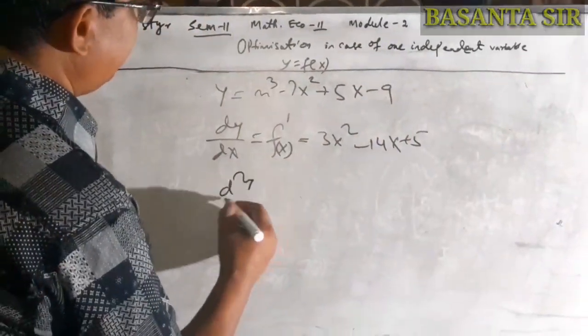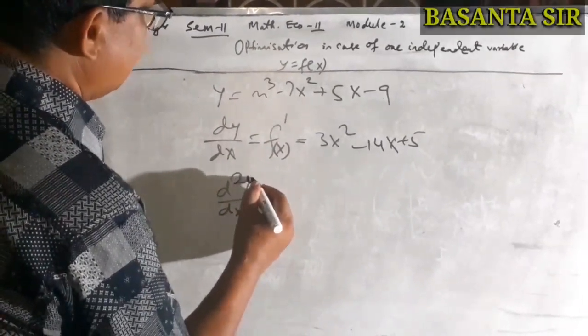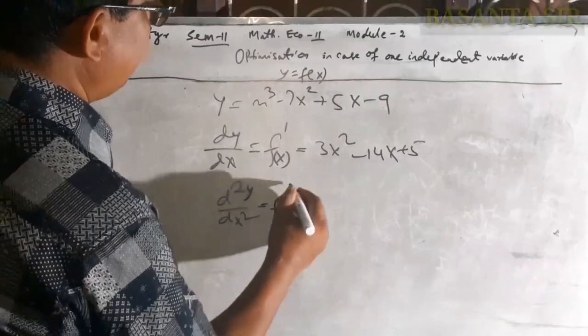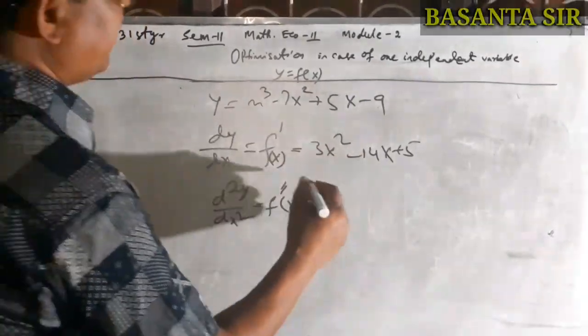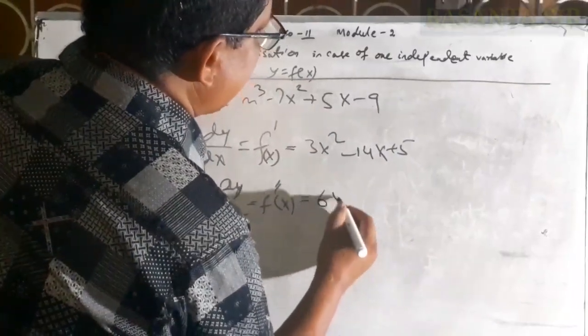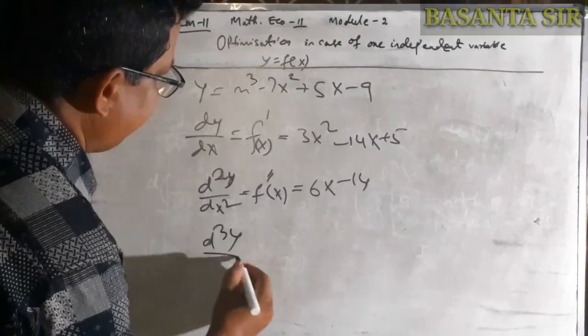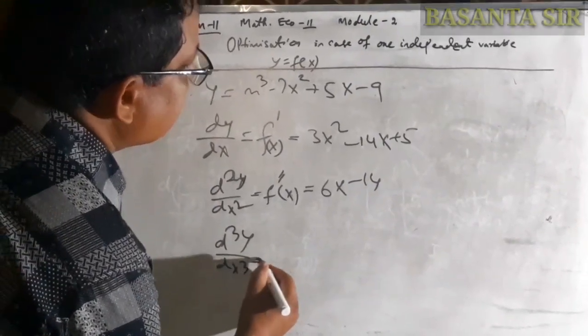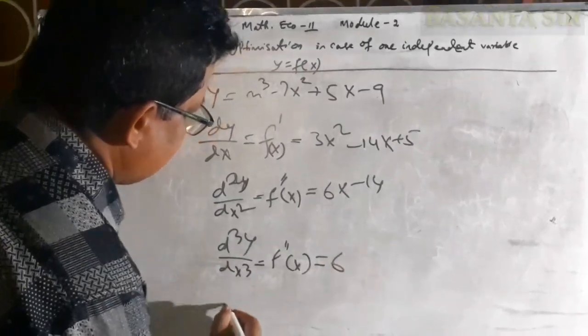The second order derivative is the derivative of the first order, as we know earlier. It can be symbolized as f double dash x. It can be calculated from the first order derivative with the power rule: 6x minus 14. Again we can find the third order derivative, f triple dash x, which is only 6.